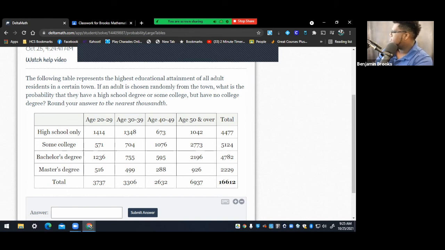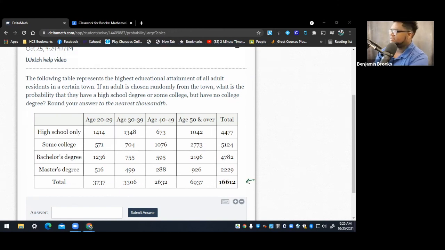So we're looking at all adults here. So we know this is going to be our total. And we're looking at those that have a high school degree or some college. So that would be these 2 guys right here, right? And, but have no college degree. So what we would do here is we would just add those 2 up.